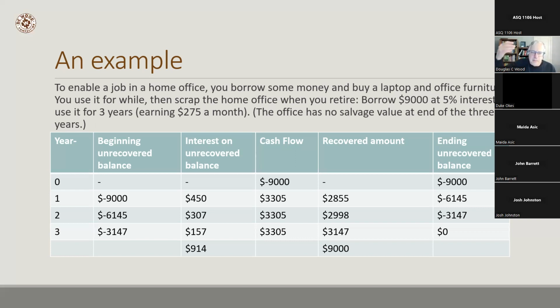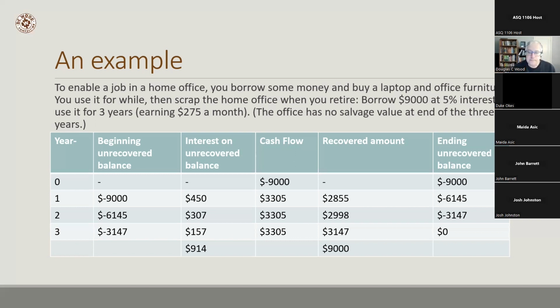You're going to make money back. So in year 0, you take 9,000. That's what you're spending. That's a negative. And then each of the next 3 years, you're actually earning money, 3305 each year. And that number is selected because it balances. But the first year you've recovered 2855 of your 9,000. Well, that would be 3305 minus 450.